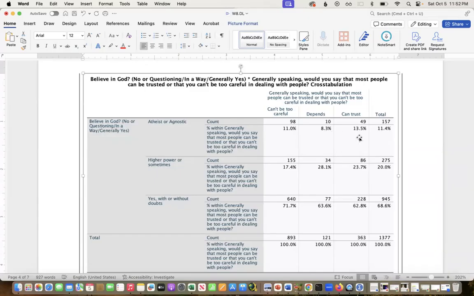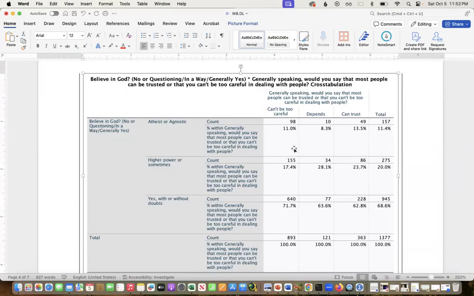And then there might also be this difference here, right, where the respondents who are trusting people are a little bit more likely to be atheist or agnostic, about 1 in 20 more likely compared to the other groups, whereas about 1 in 20 of the people who say it depends are more likely to believe in a higher power sometimes.